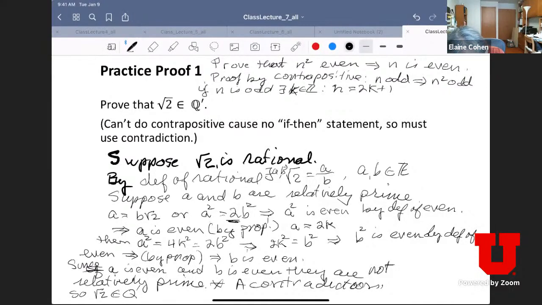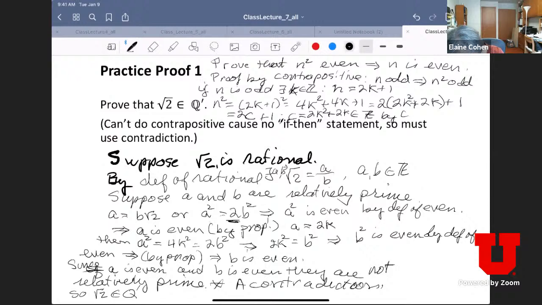So we square it. n squared is equal to (2k plus 1) squared, which is equal to 4k squared plus 4k plus 1, which is equal to 2 times (2k squared plus 2k) plus 1, which is equal to 2 times c plus 1, where c equals 2k squared plus 2k is an integer by closure under multiplication and addition.